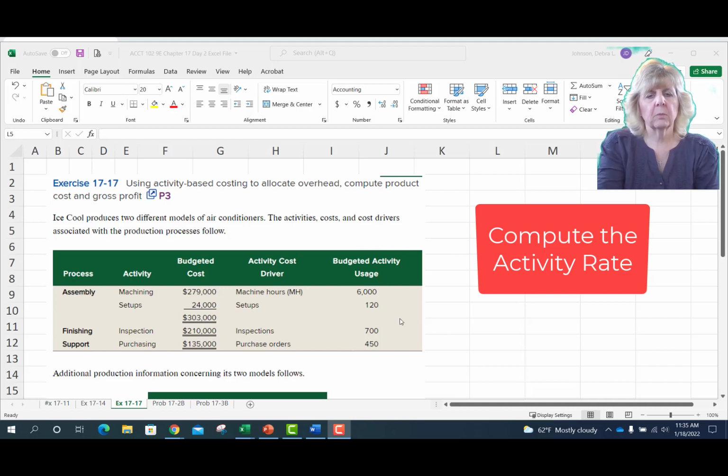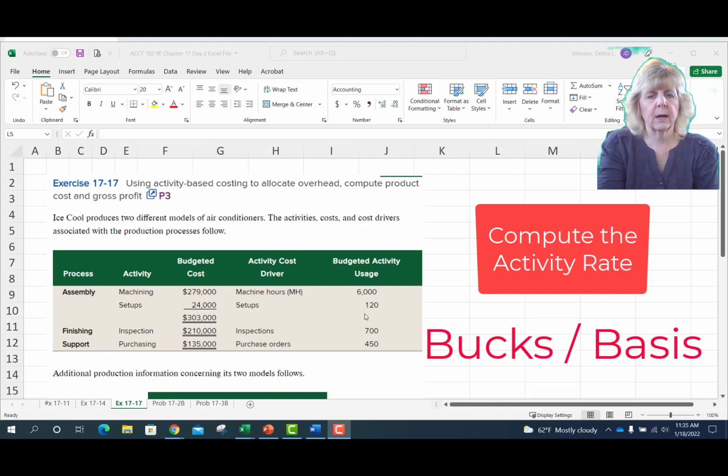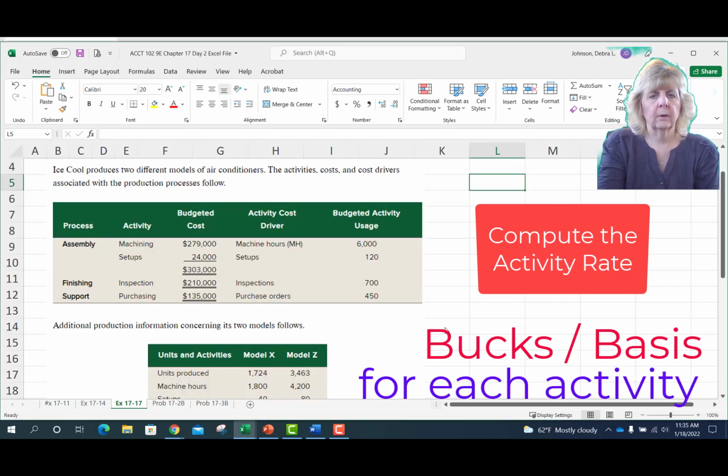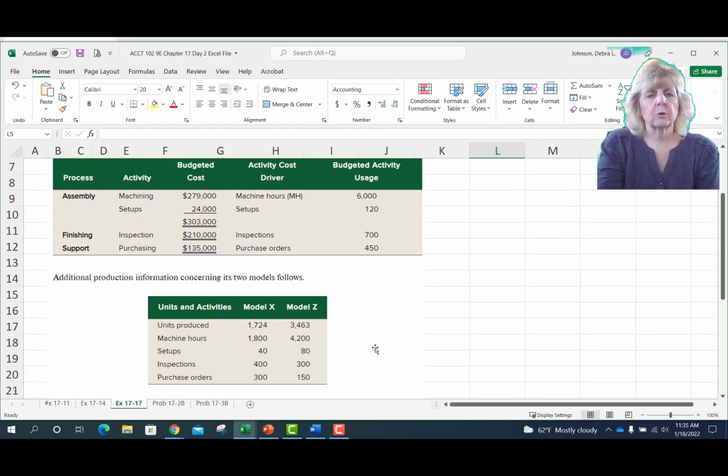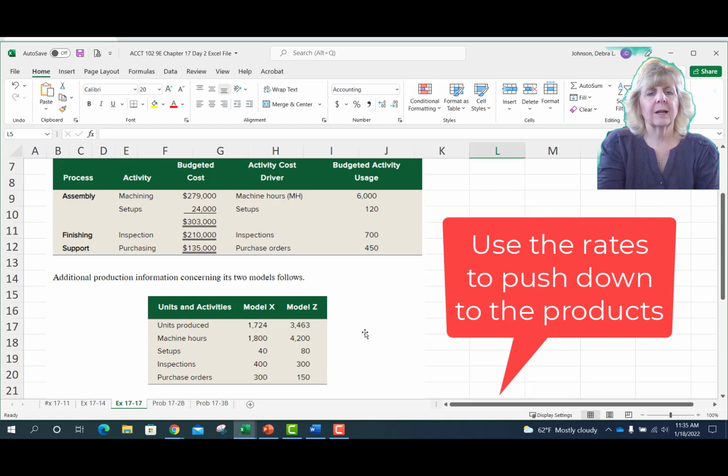So step number 1 is going to be for you to divide the bucks by the basis and come out with a rate per driver. Once you get the rate per driver, you're ready to push the cost down to the product level. You'll see that he specifically asks us about 2 products.